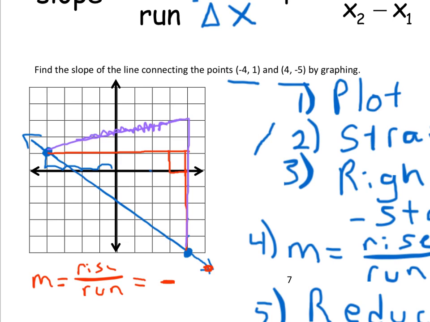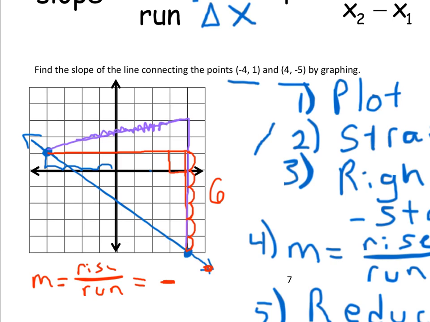Now that I have that, I need to count my rise and my run. So let's count. How much did I rise up? Well, I rose up 1, 2, and I want you guys to just watch, and then you can get this down in a second. So I did 1, 2, 3, 4, 5, 6.